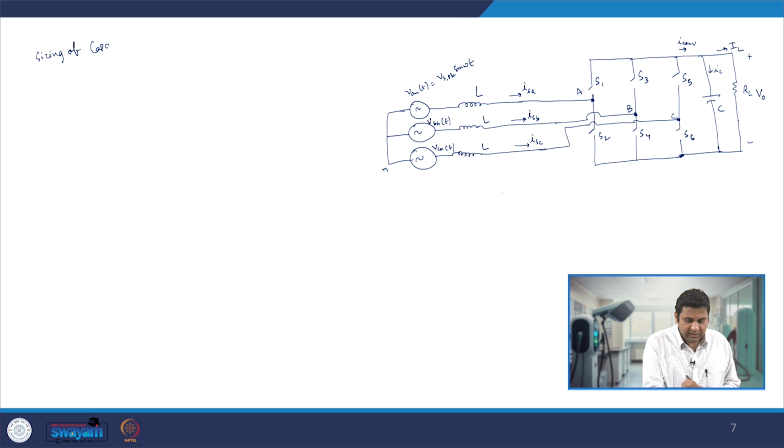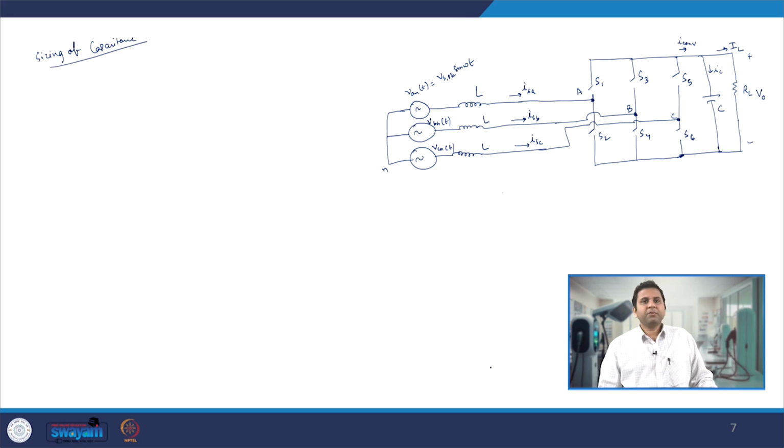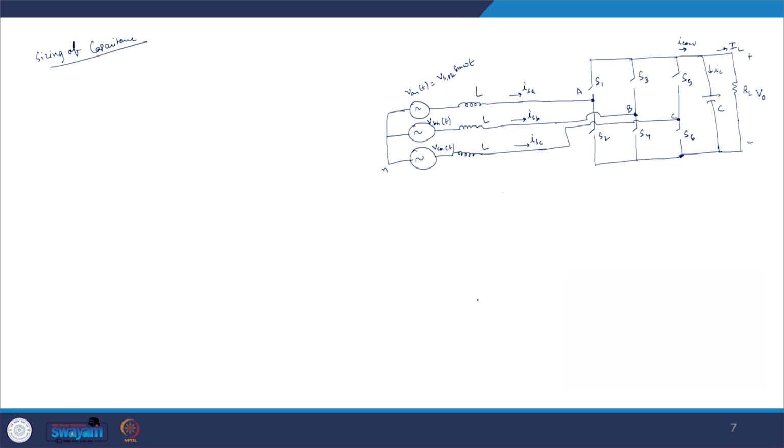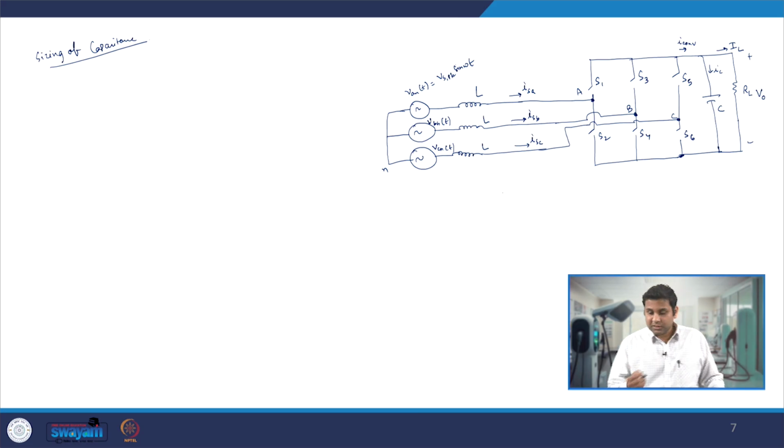Now in this sizing of capacitance, as in the case of single phase AC to DC converter where we did the power balance, and from the power balance we understood that in single phase AC to DC converter we have a second line harmonic component on the voltage ripple of the capacitance. Now let us see what will happen in this particular case when we do the same procedure here.